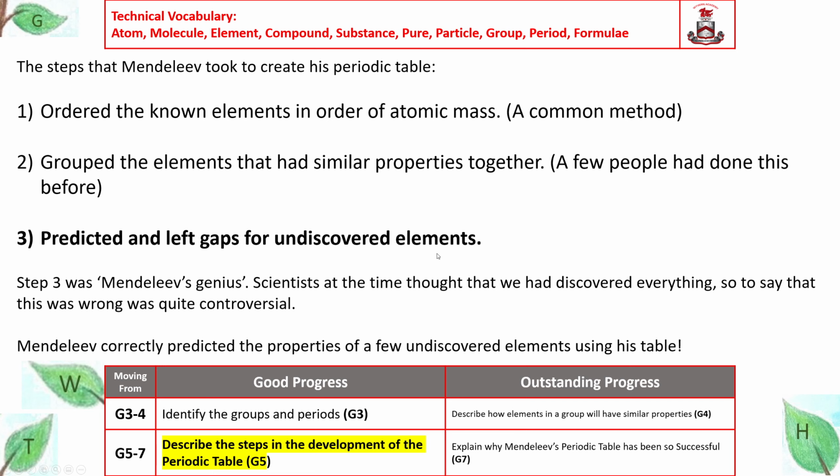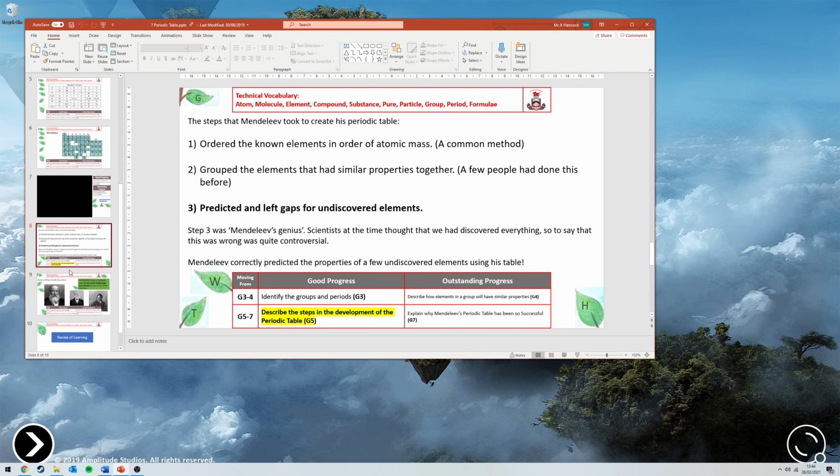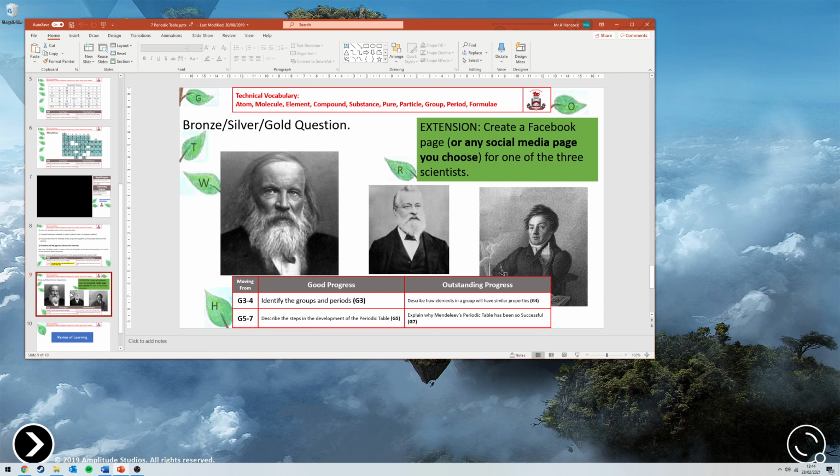So he even managed to correctly predict the properties of certain elements, even though he'd never seen them before. And he even predicted them more accurately than the people that found the element measured them, because they measured them wrong. And he told them that because he was very arrogant, very confident in himself.